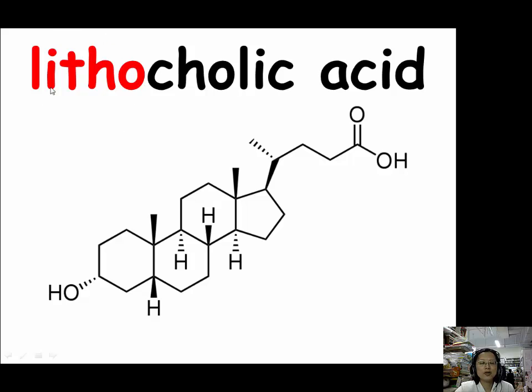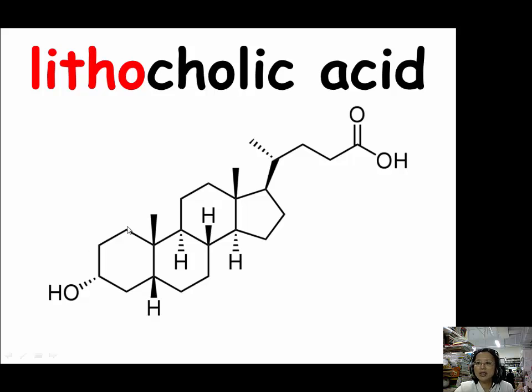And our example for the prefix litho is lithocholic acid. The structure of lithocholic acid is shown in this PowerPoint. It is a secondary bile acid formed by dehydroxylation of chenodeoxycholic acid in the intestines.